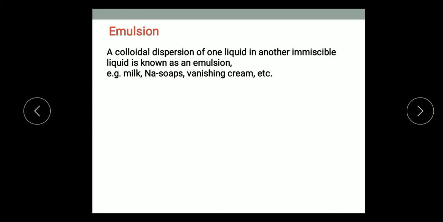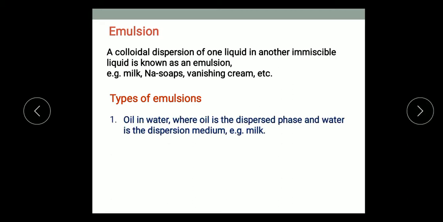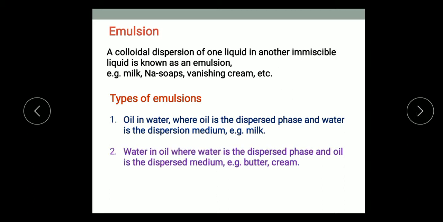For example, milk, sodium salts, vanishing cream, etc. Then we have types of emulsion. We have two types. One is oil in water type, where oil is the dispersed phase and water is the dispersion medium. For example, milk. Second is water in oil type, where water is the dispersed phase and oil is the dispersion medium. For example, butter and vanishing cream, etc.